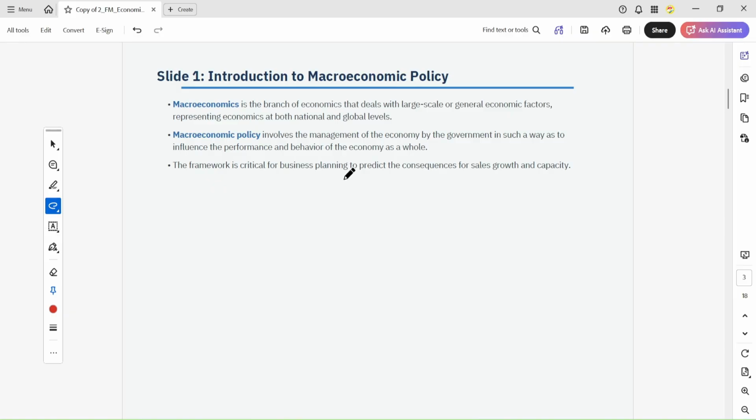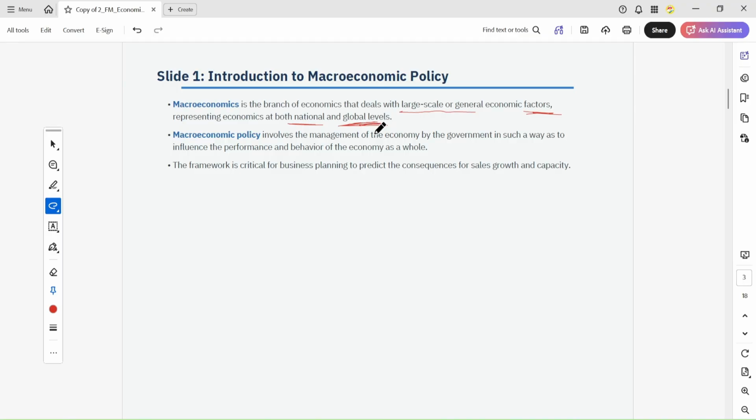We have the introduction of macroeconomic policies. So what is macroeconomics? Macroeconomics is the branch of economics that deals with large scale general economic factors. It considers the factors at the national and global level, those which affect the whole country or the global level.